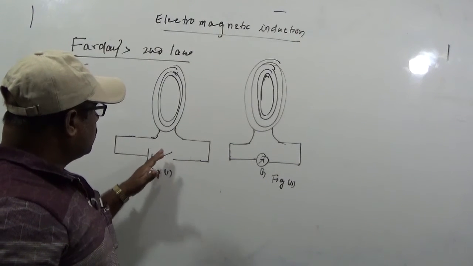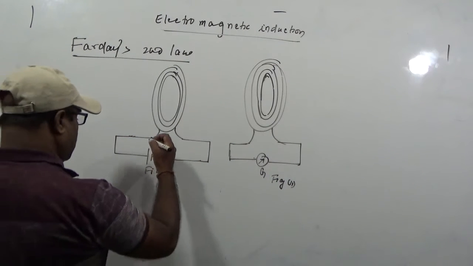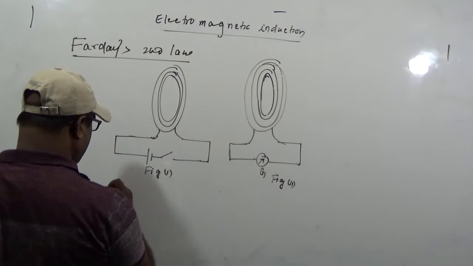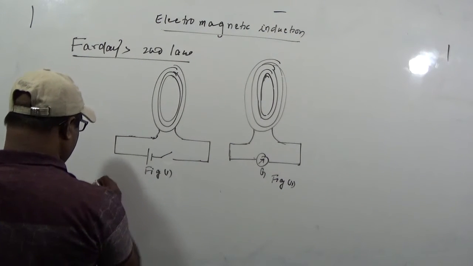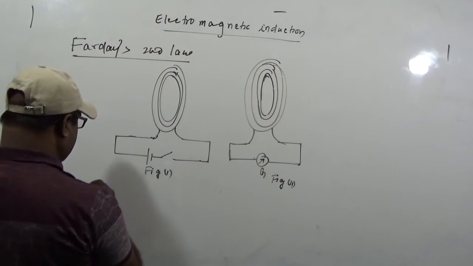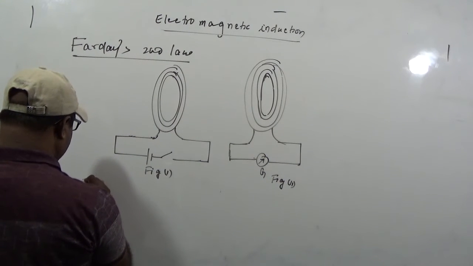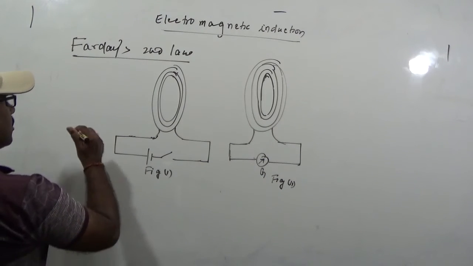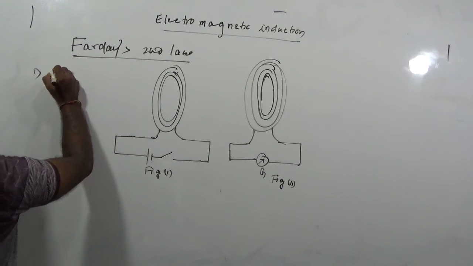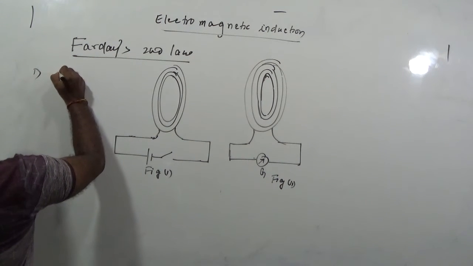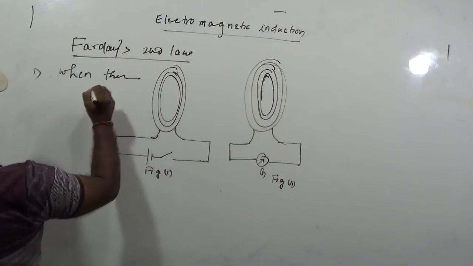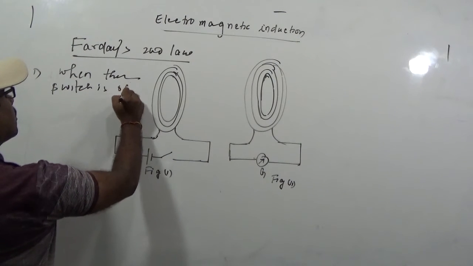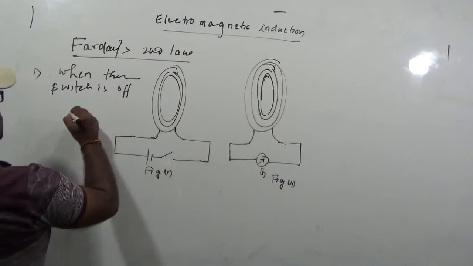See here, initially, when the figure is like this, the circuit is broken off. It is not connected. So in figure 1, when the switch is off, current is 0.